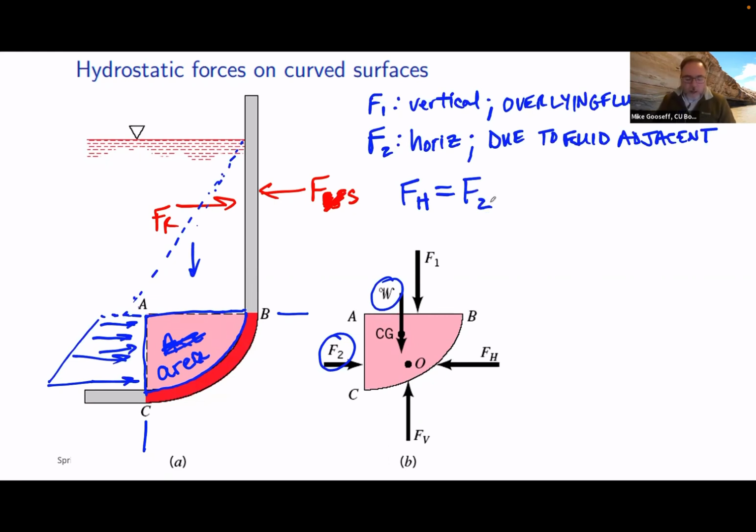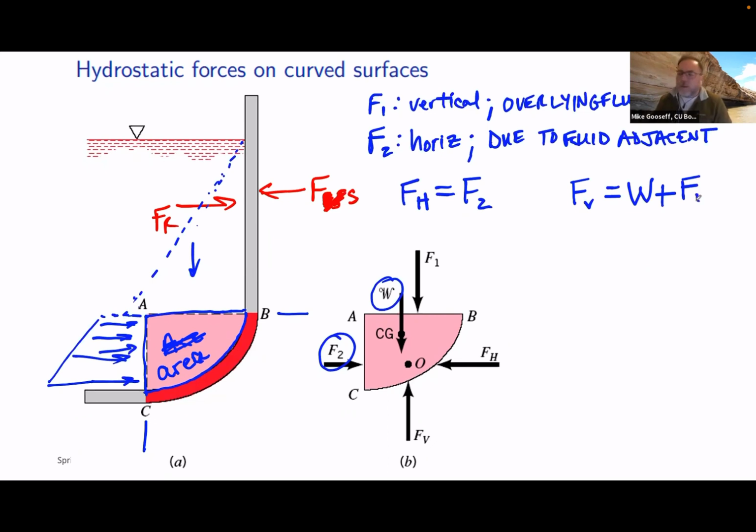Okay? And similarly, FV, the vertical resultant force that's holding back this water and keeping the curve in place, is equal to a sum: the weight of the water plus the pressure that's coming down from above. So W plus F1 in this case.